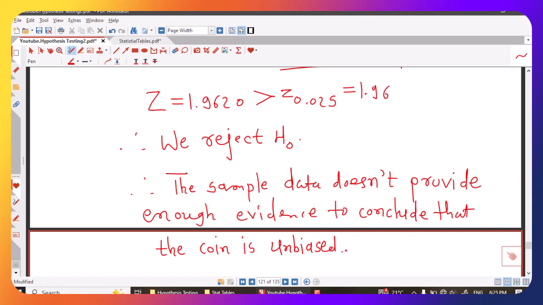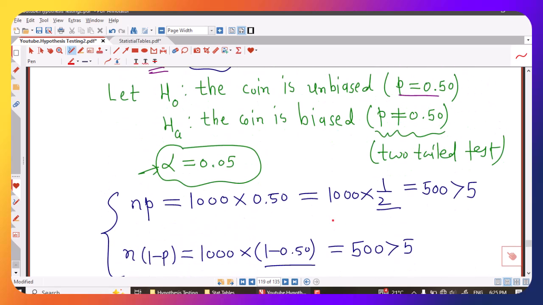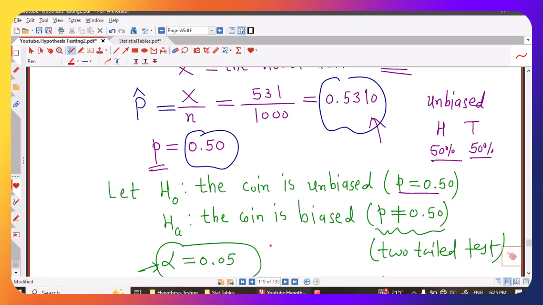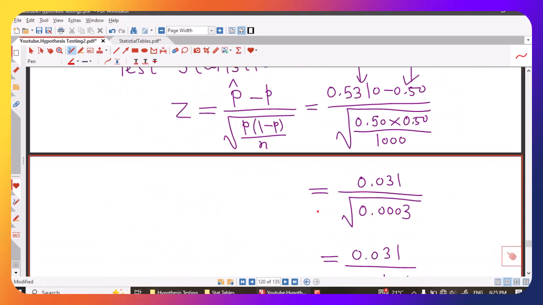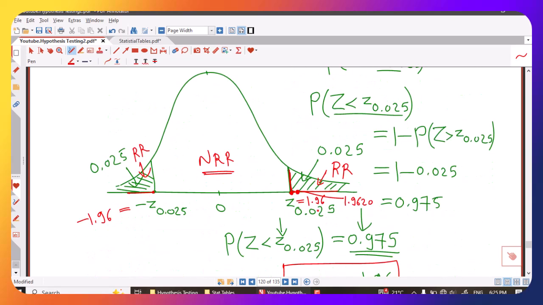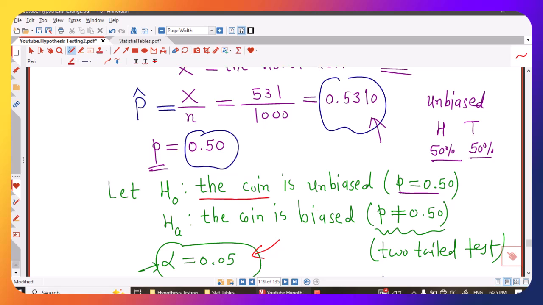The null hypothesis is that the coin is unbiased. So in other words, we can say that the coin is biased, but we are working in hypothesis testing, therefore we have certain risk. We have taken a 5% level of significance. So we can say that with 95% confidence we can reject the null hypothesis, and the null hypothesis is that the coin is unbiased. So we can say that with 95% confidence the coin is not unbiased, or the coin is biased.